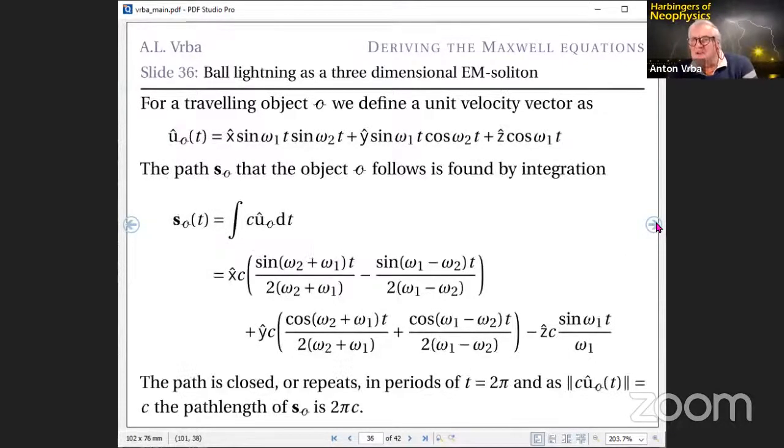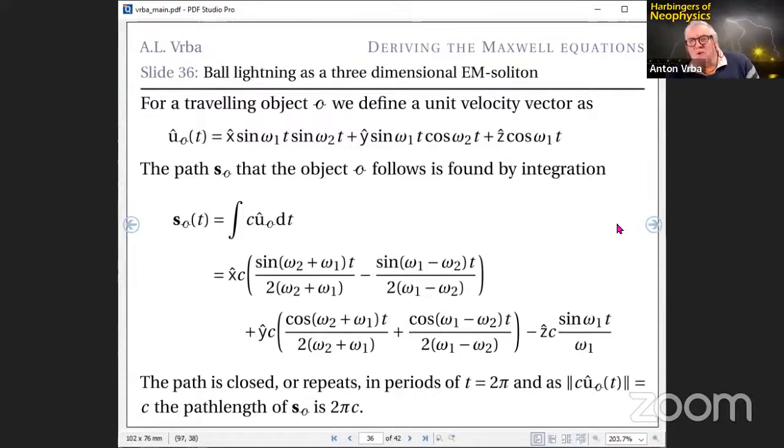This is where it gets interesting. In the paper, which you can find on the website, I show a wave as a torus. I'm skipping it here, and I will now just do the example of ball lightning.